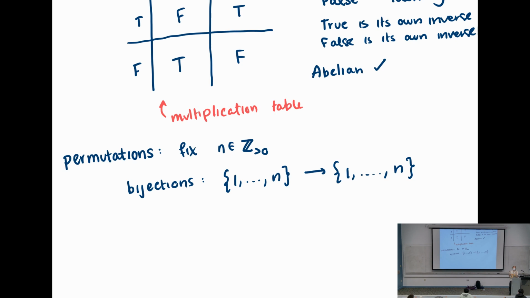So you can think of them as just reordering n elements. It's like the ways of reordering n things. And this is a group with the operation of composition. So if you take composition of functions to be the operation, then you get a group.